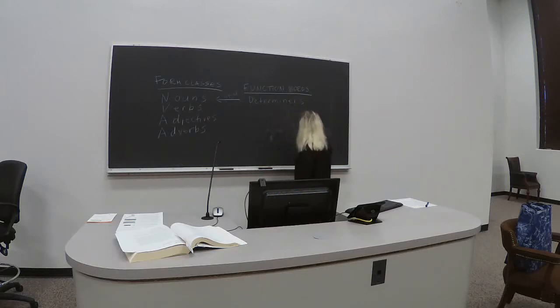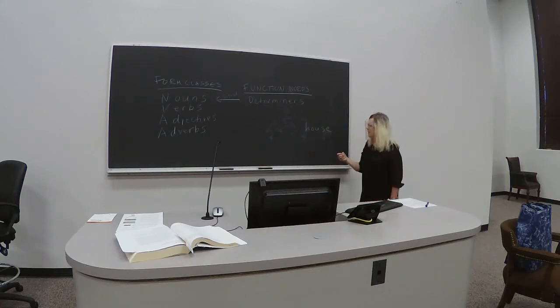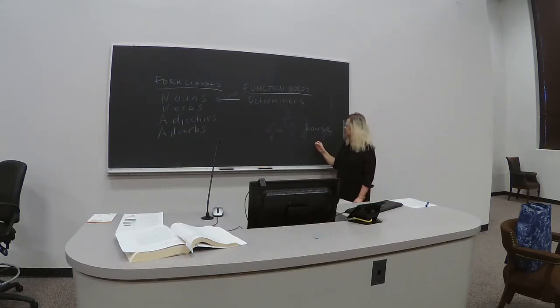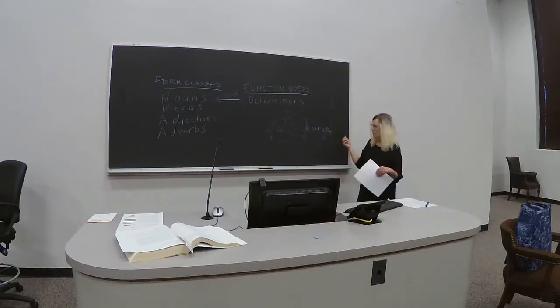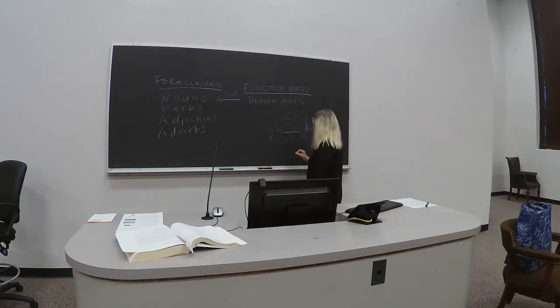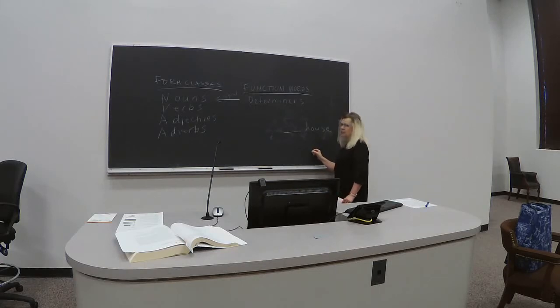So if we have a word like house, and we are not sure whether it's a noun or something else, because it could be a verb too, we can look if it's preceded by a determiner, like the, this, that, one, and so on.